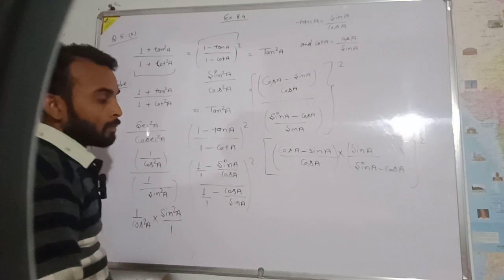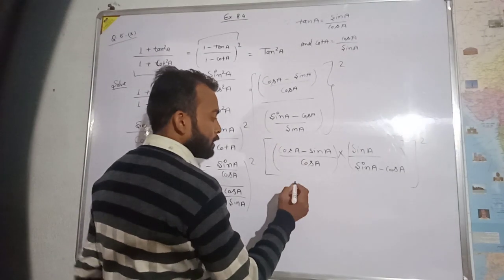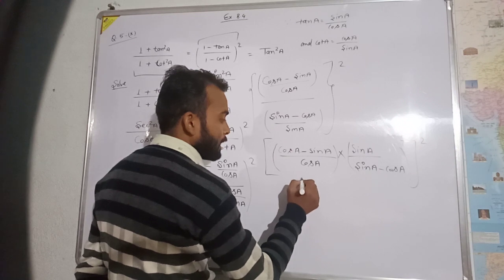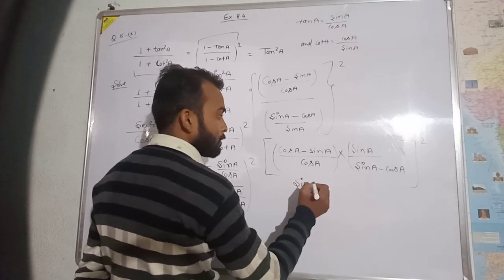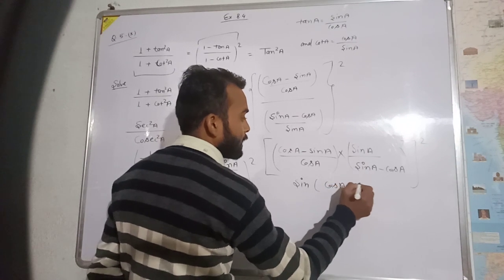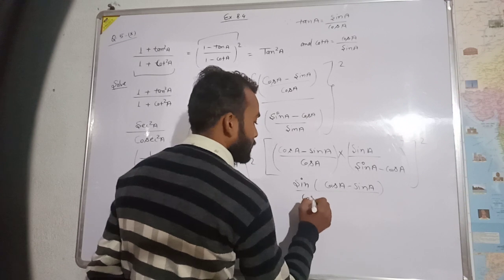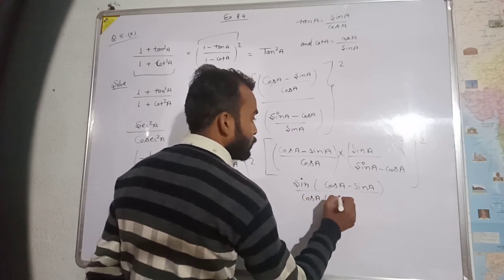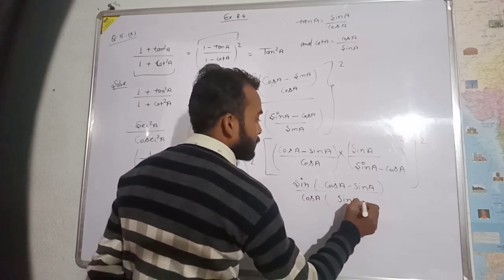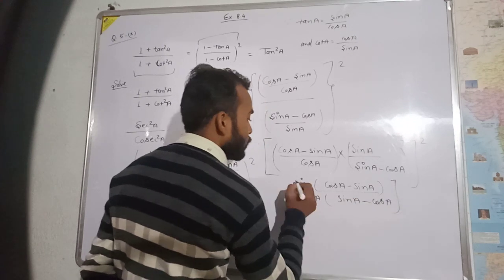Clear? Now this will be sin A into cos A minus sin A upon cos A into sin A minus cos A, whole square.